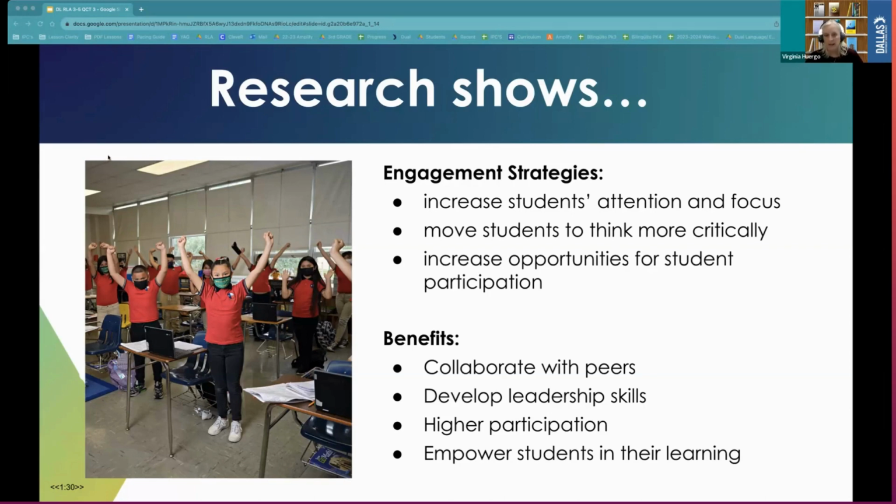The engagement strategies increase students' attention and focus. They move students to think more critically and increase opportunities for student participation. The benefit, of course, is that they collaborate, and through collaboration they are practicing their BICS, the basic interpersonal communication skills, and their CALP, or cognitive academic language proficiency.